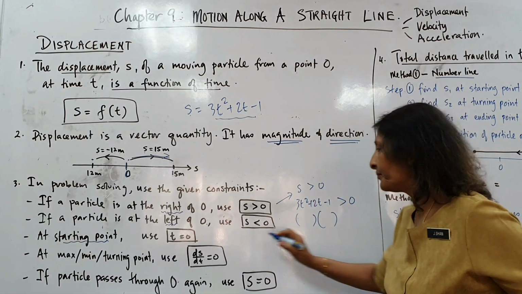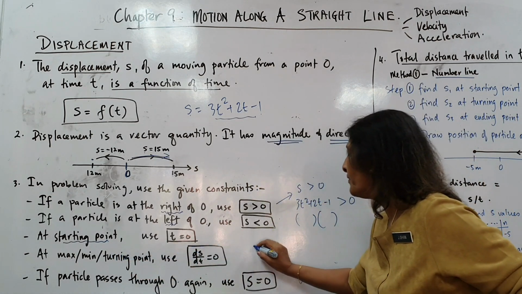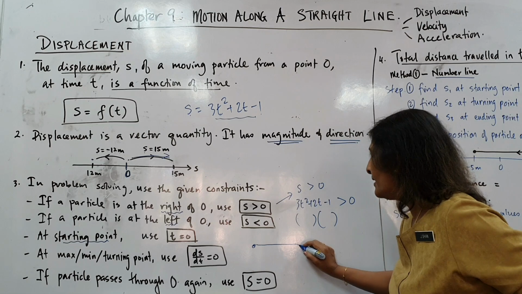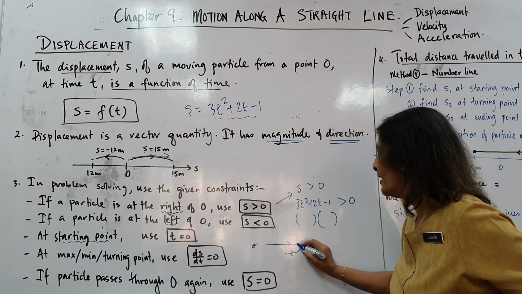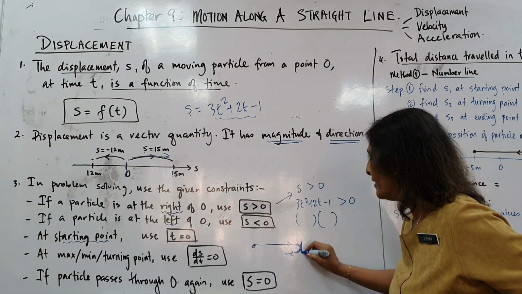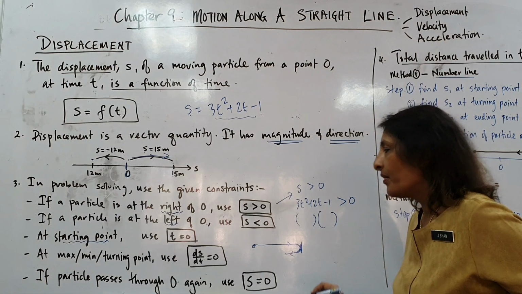Next, at maximum, minimum or turning point, that means a particle is moving and then it turns, it reverses its direction. At this point here, that's called the maximum point, minimum point or turning point.